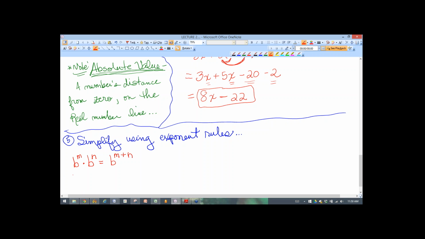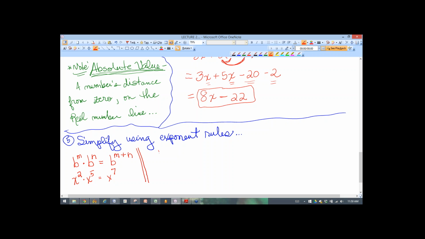An example would be if I have x squared times x to the 5th power. That would be x to the 7th, right? 5 plus 2.